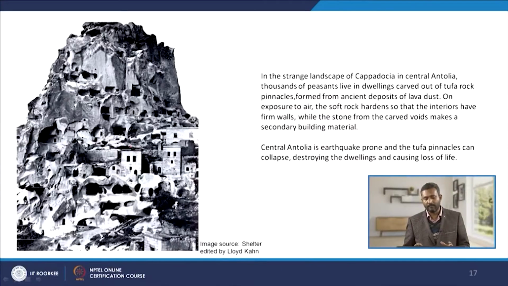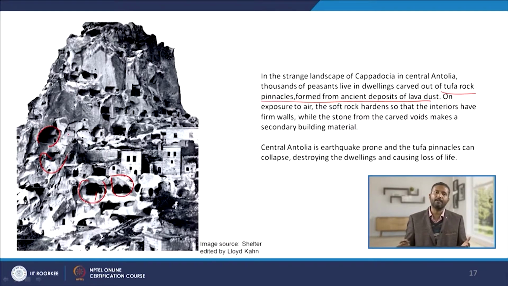For instance, take Cappadocia in central Anatolia, where a lot of peasants live, and you can see these tufa rock pinnacles, which are formed from ancient deposits of lava dust. Because of exposure to the air, the soft rock hardens so that the interiors have firm walls. So people started dwelling in these small dwellings.